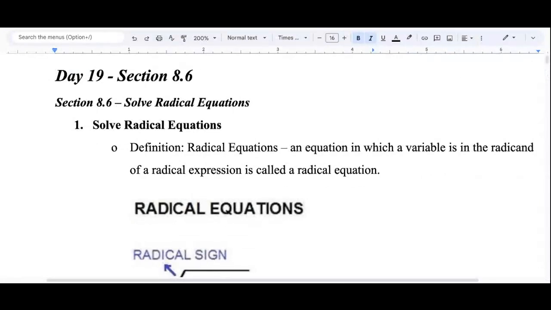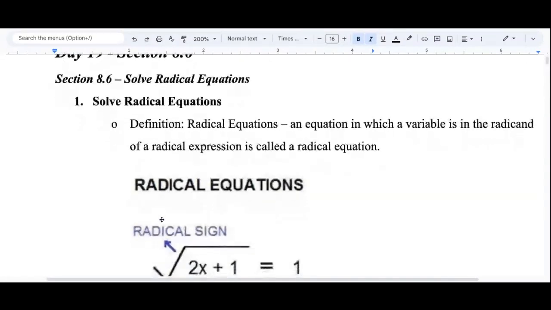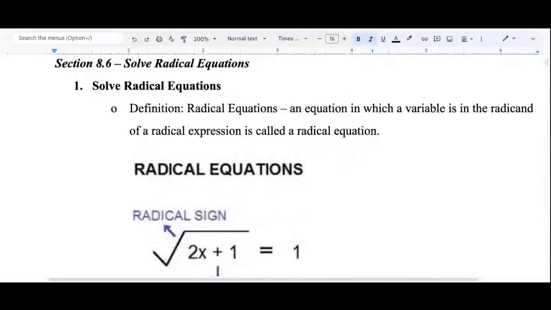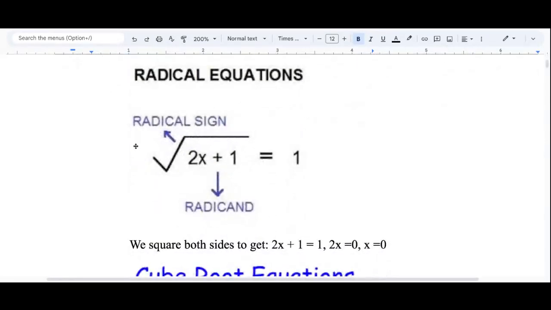So today we're going to keep talking about radicals. Square root sign. But we want to solve equations involving radicals, right? Let's see this symbol.